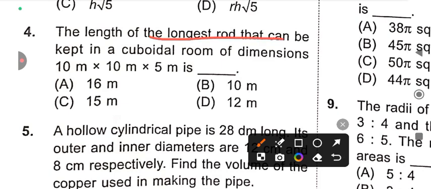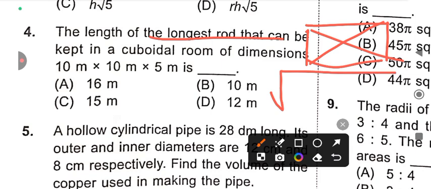So the length of the longest rod, if we say that it is a cuboidal room, would be the diagonal of the cuboid, and we know that the diagonal of the cuboid is root under L square plus B square plus H square.